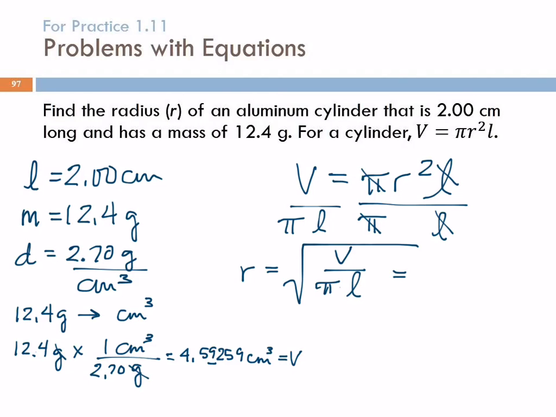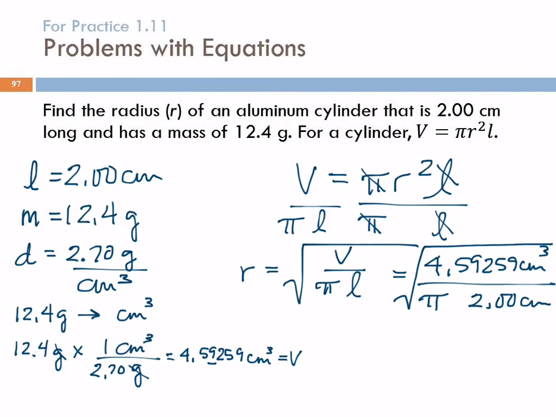So now we put all the numbers in, 4.59259, including their units. Here we have pi. We're just going to use the pi button on our calculators. And then the length is 2.00 centimeters, and the square root of the whole thing. Centimeters cubed divided by centimeters is what? Centimeters squared.